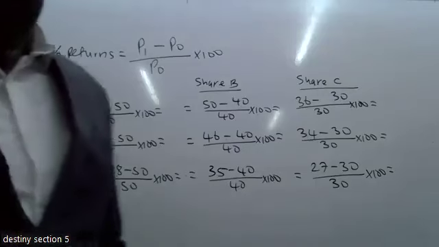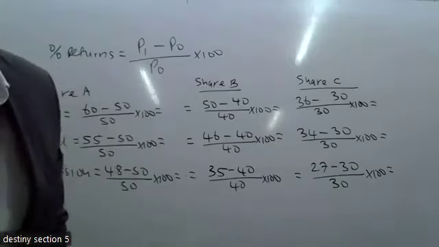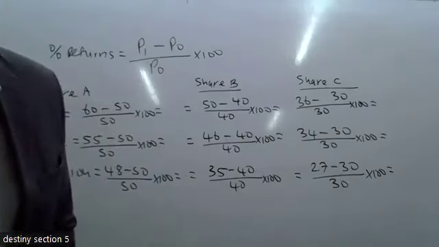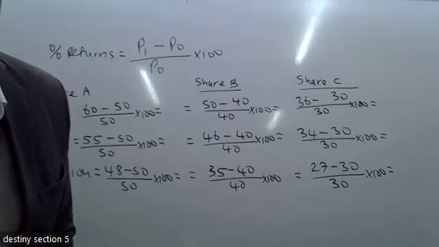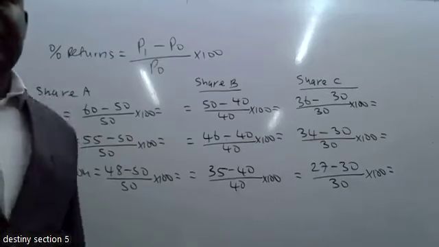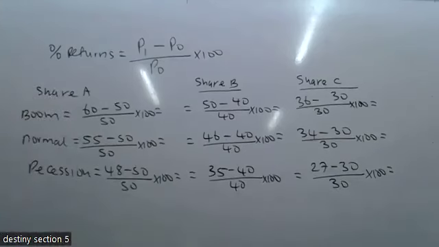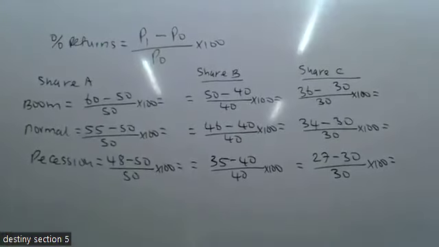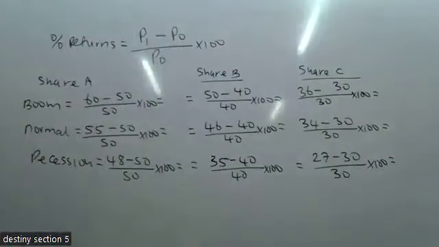Once you have computed those percentage returns, because for Roman numeral 1 the question wanted you to calculate the expected return, we now also need to compute the total market value to give us the proportions.